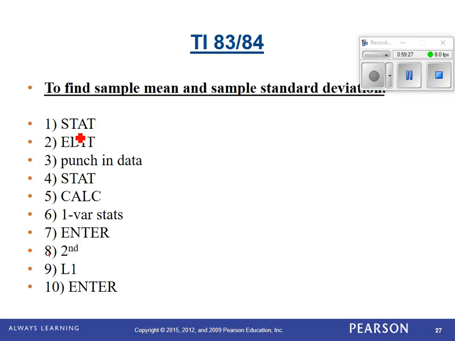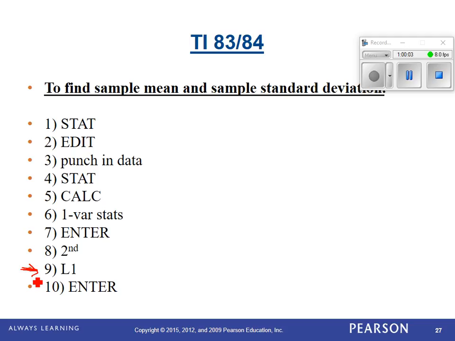You might want to write this down. This is how you punch it into your calculator. When you get to number 9 here, is it always going to be L1?